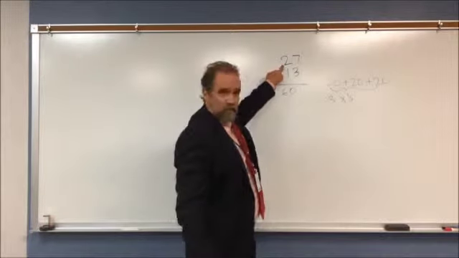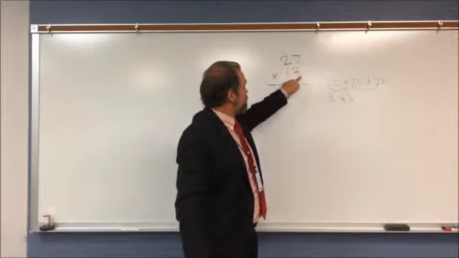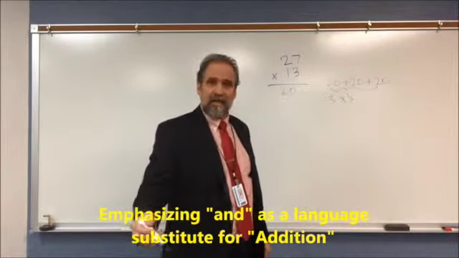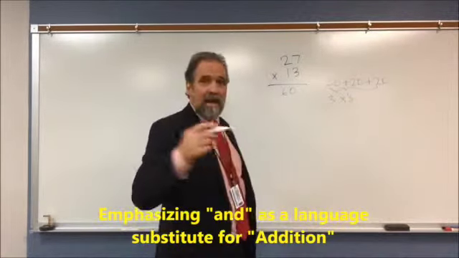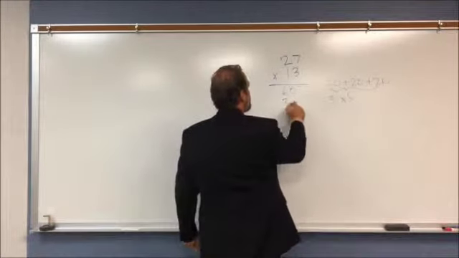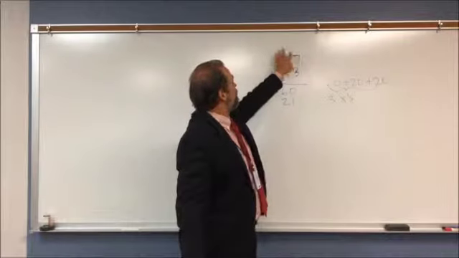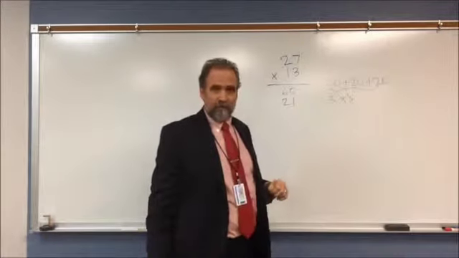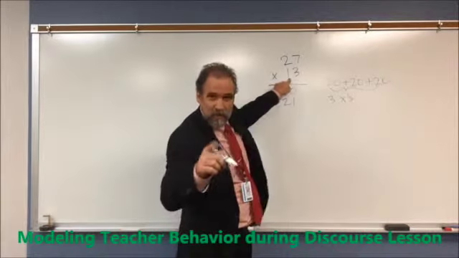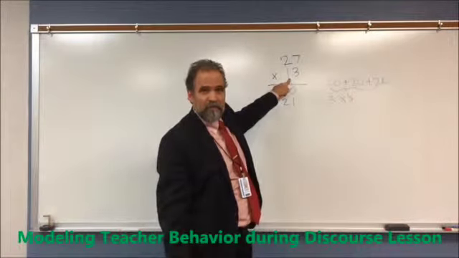Now, we've done that 20. Let's do that 7. What's 3 7's? Again, that's 7 and 7 and 7, right? And 7 and 7 is 14, and 7 more is 21. So now we've multiplied that 27 by 3. But we also need to multiply it by this 1 here. But is that truly a 1? What did we learn? Exactly.